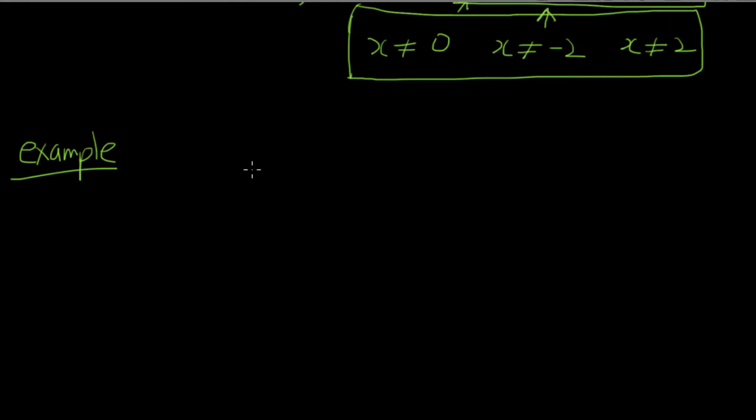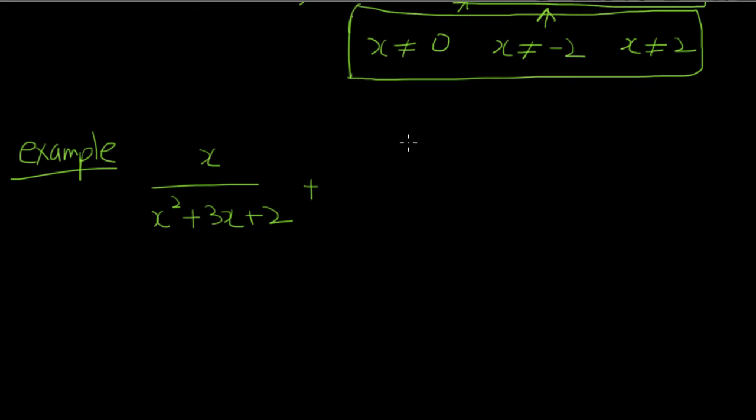Let's say we need to add these two rational expressions. One looks like this: x squared plus 3x plus 2.